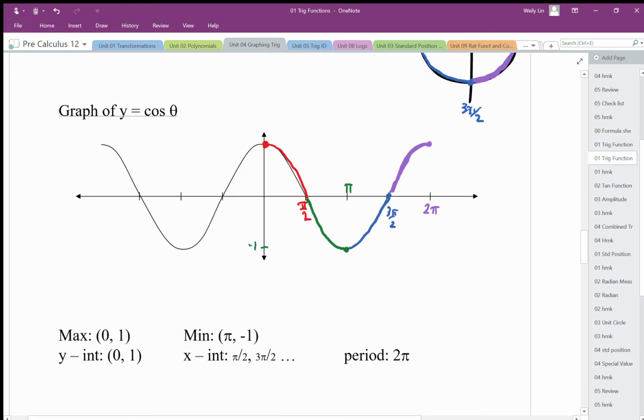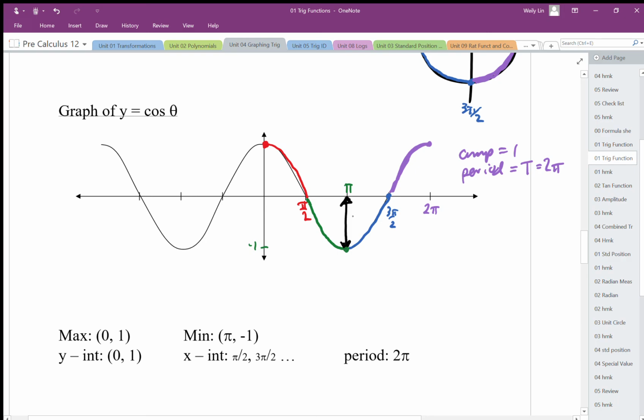Again, like with the sine graph, we want to have the period, the amplitude equals 1, the period, and maybe I'll start using the notation for period. We use the variable T. Big T represents period, so the period is 2 pi, and the amplitude shows up as the distance from the middle to the top or bottom.